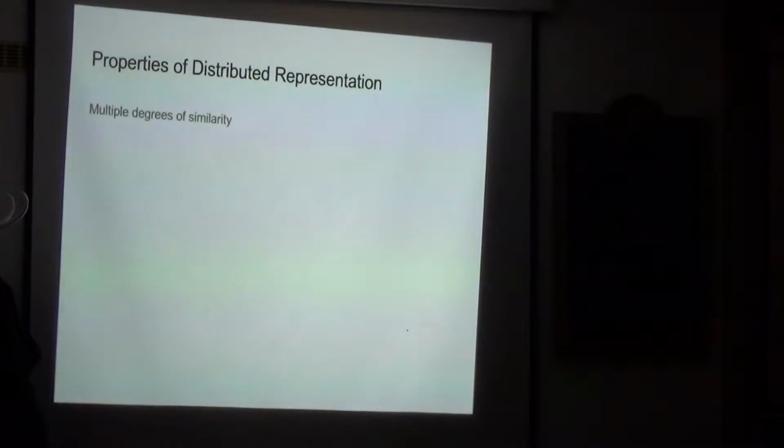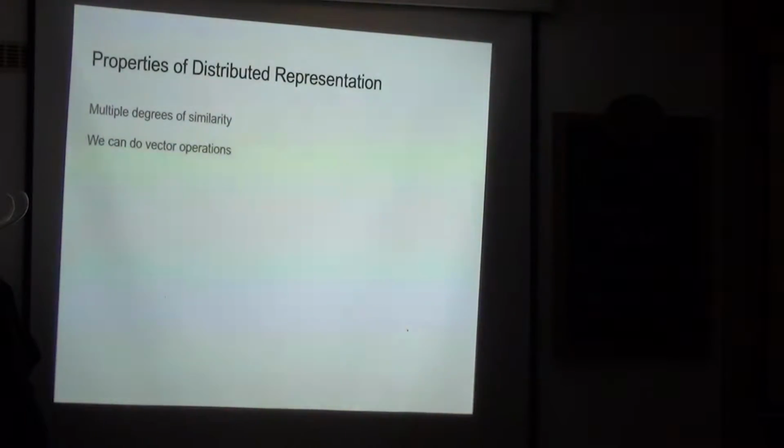Okay, and the fact that we have multiple values in every vector of a word means that we have multiple degrees of similarity, because we can compare multiple values, not just two numbers, but vectors. Most of the time it's done by cosine similarity.